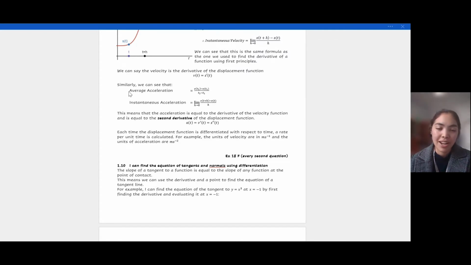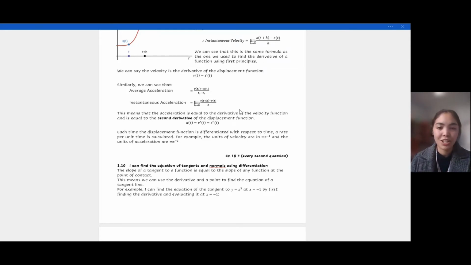My average acceleration is going to look a little bit like this. And if we get closer and closer to the tangent of my velocity function, we'll actually find the instantaneous acceleration. So we can also say that acceleration is the derivative of the velocity function.